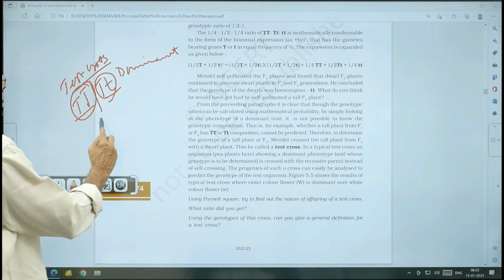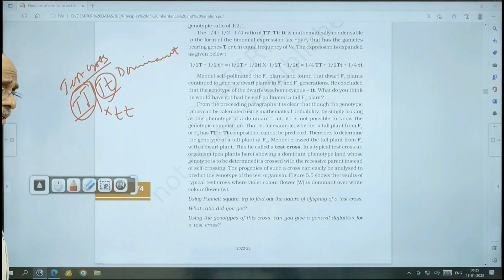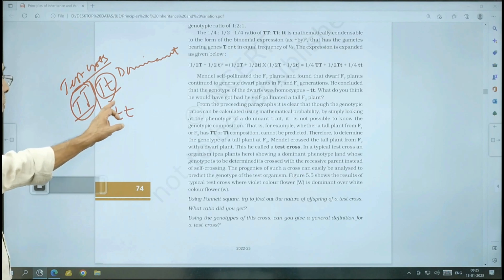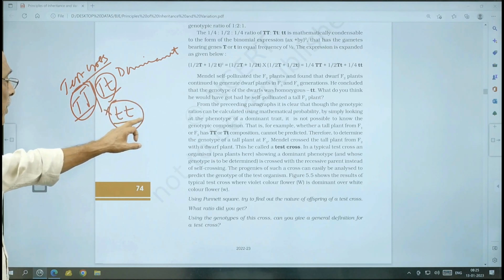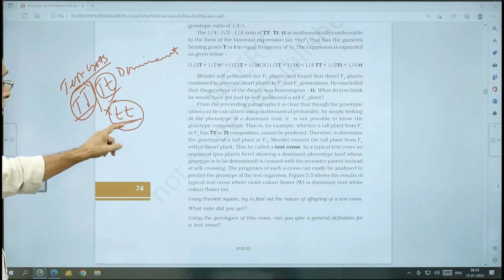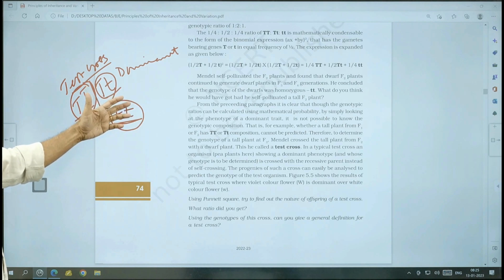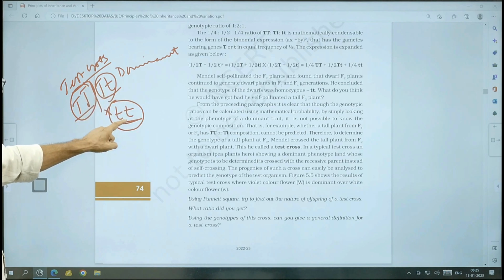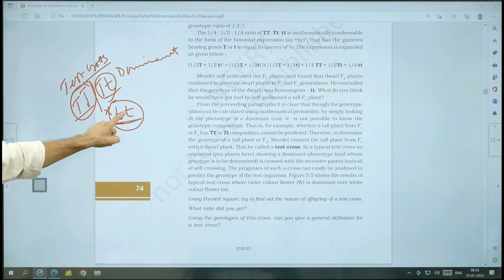It is crossed with a recessive genotype, and the recessive genotype we know. In the recessive condition, both the alleles are in recessive, homozygous form, so the phenotype is itself the genotype. So the phenotype clearly tells us about the genotype. This we know.